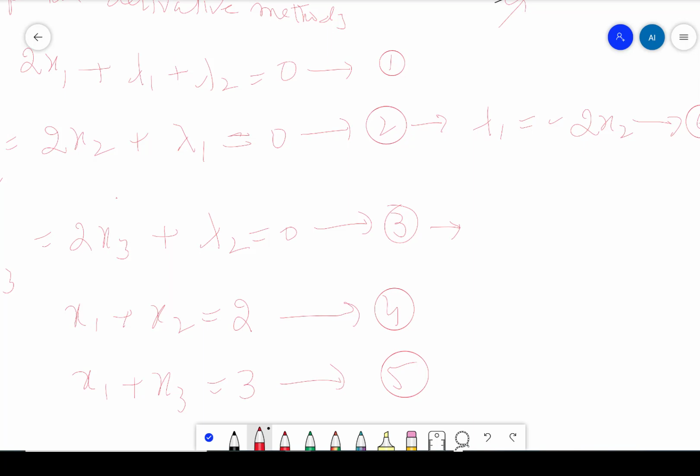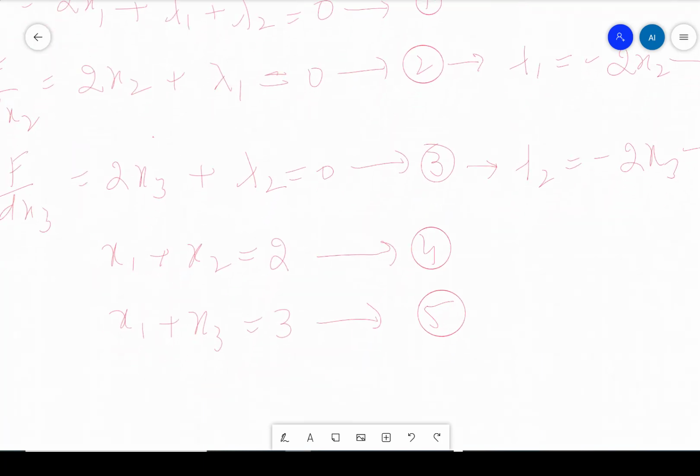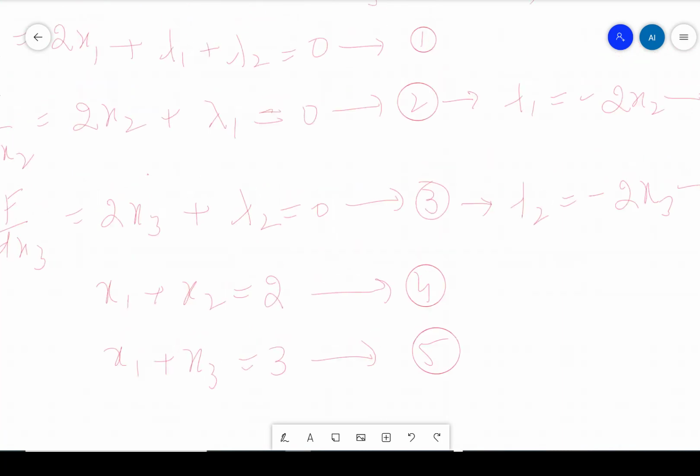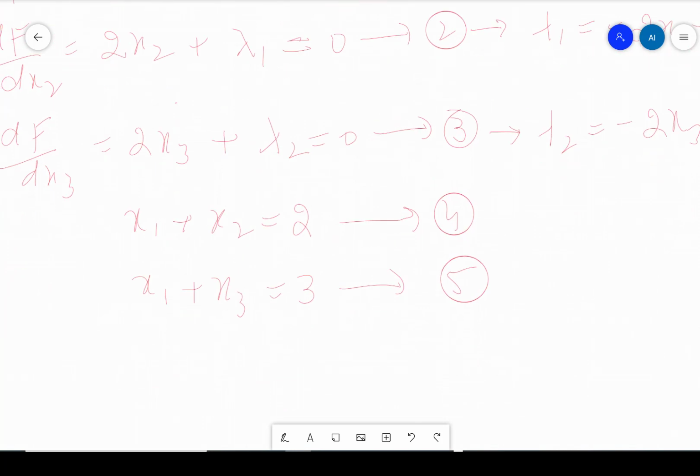And from equation number 3, we can find the value of lambda 2 as minus 2x3, which becomes equation number 7. So now we have 7 equations. Let's put the lambda 1 and lambda 2 values in equation number 1.